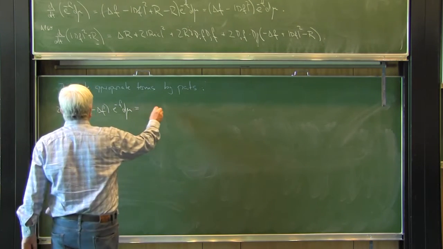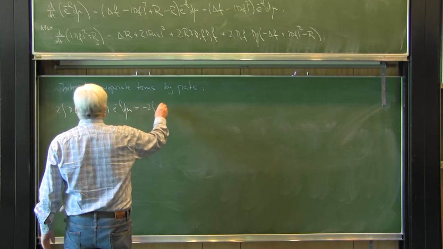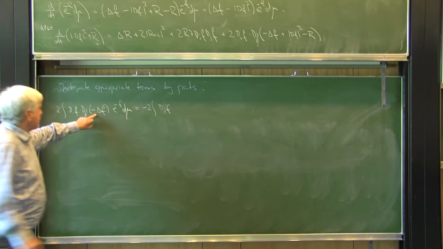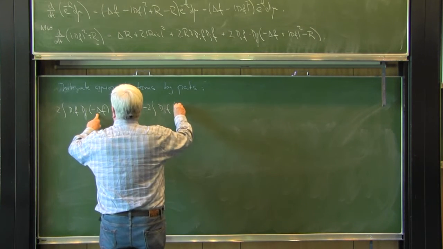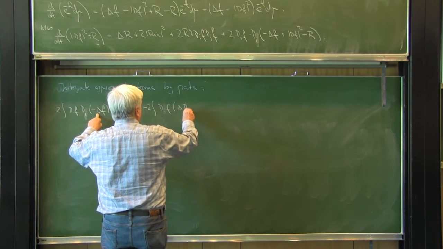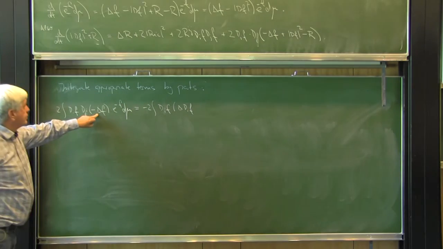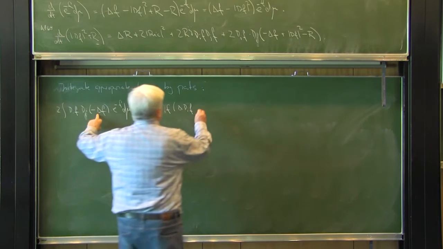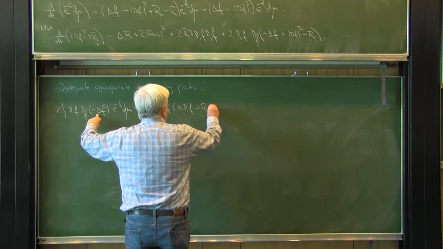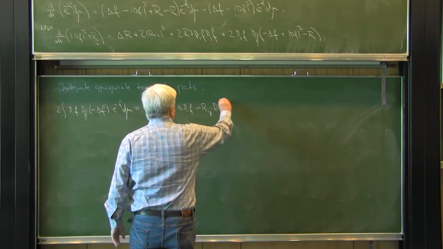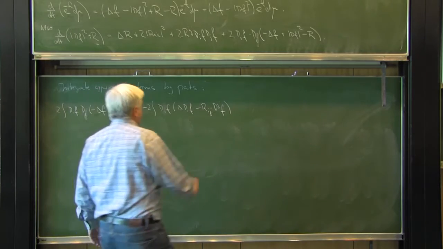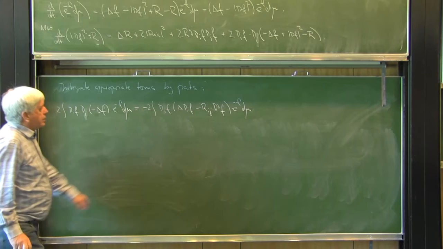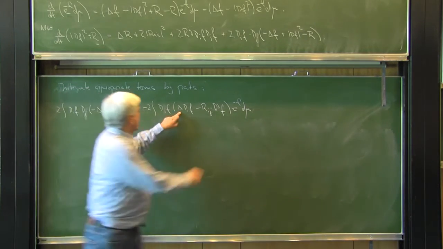Now you write this as minus 2 integral ∇_i f, and then here you replace the derivatives, so you get the Laplacian of ∇_i f, and the error term is minus Ricci ∇_j f times e to the minus f dμ, and then you integrate this term by parts.